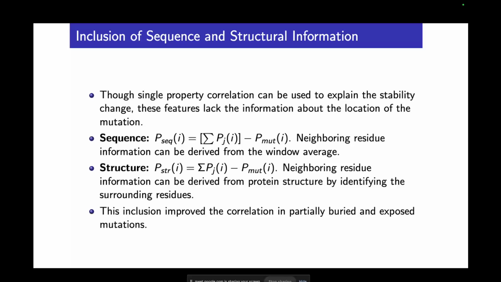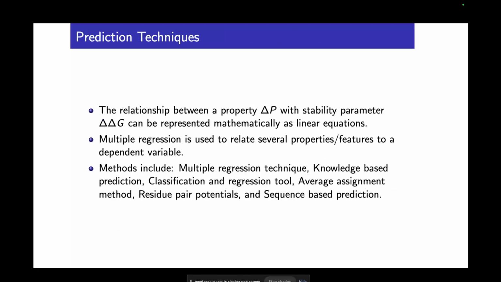The sequence is probably the most important driving force. The structure is also very important. So, given the structure, if you make a mutation, then you can predict a particular thing. But if you do not know the structure and you think about the mutation, it is hardly going to predict anything, right?